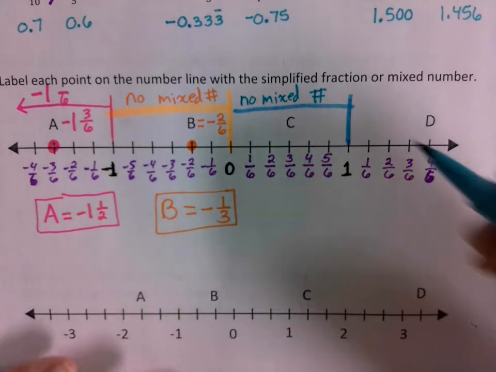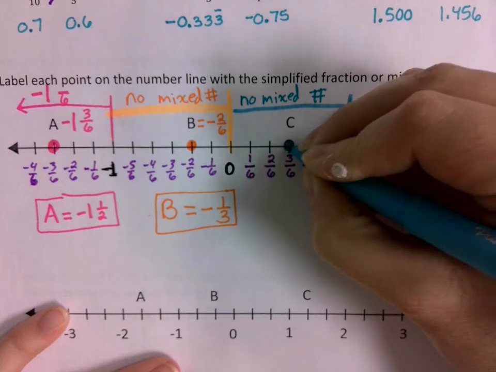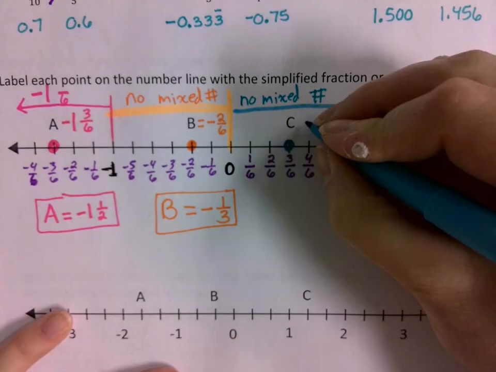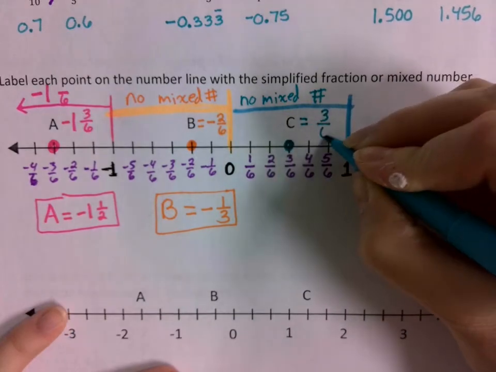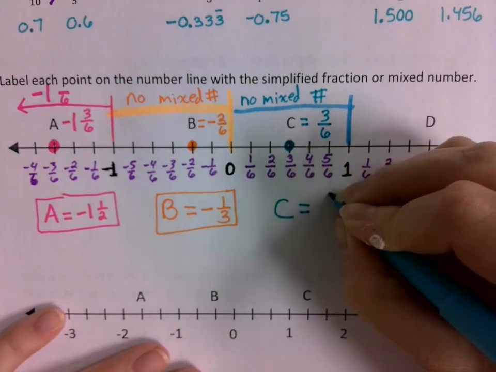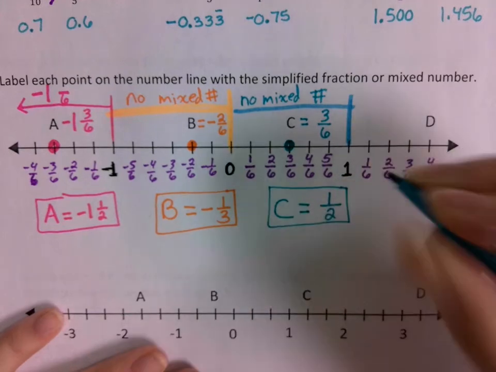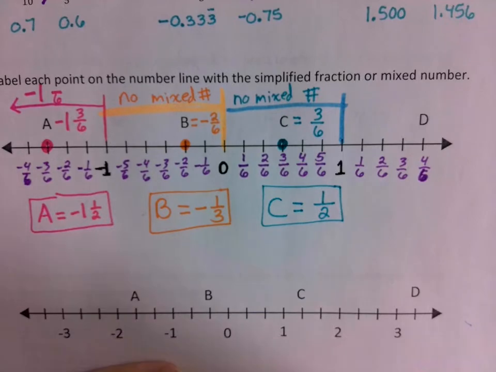So let's take a look at point C. What value is point C, guys? 3/6. And again, we will type it into the calculator to check to see if it can be simplified, which it does, to 1/2. Now, point D is past the 1 whole mark here.